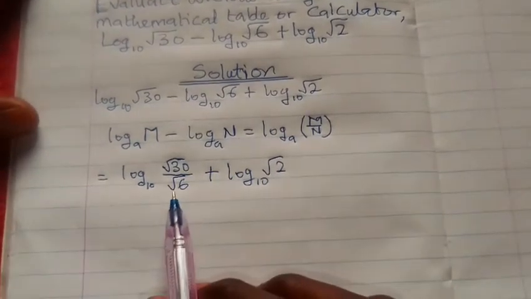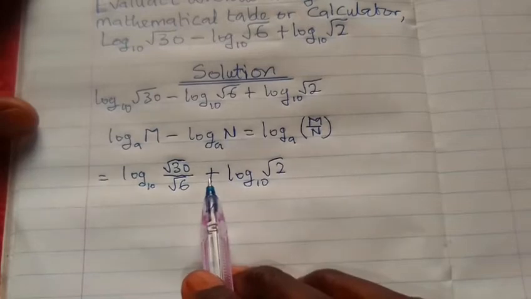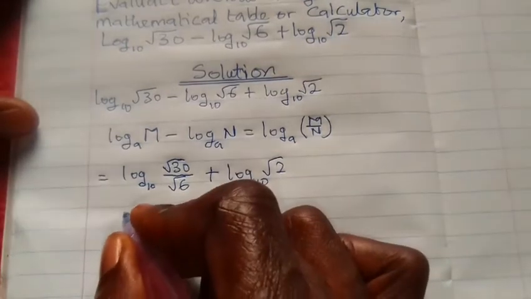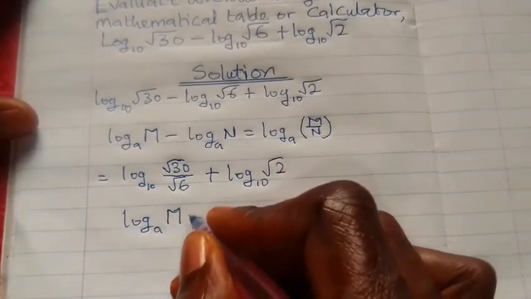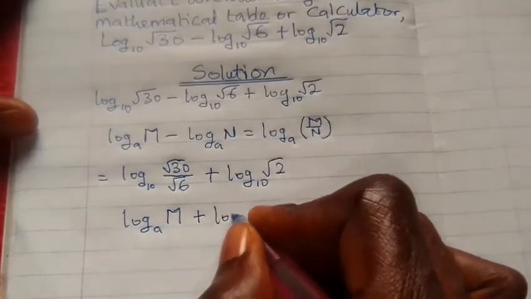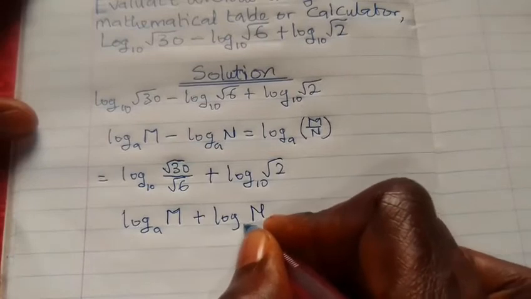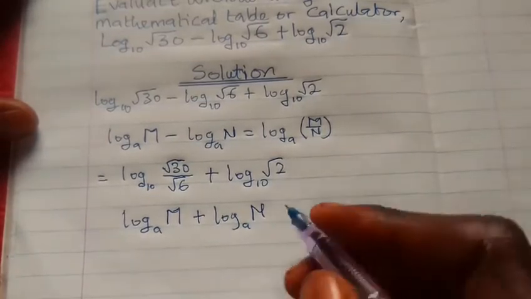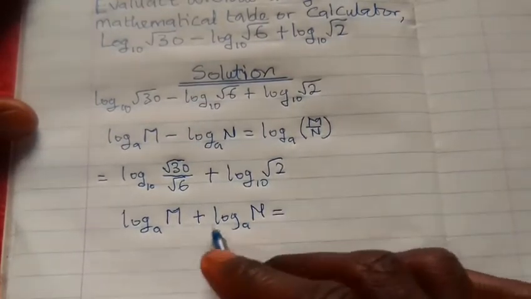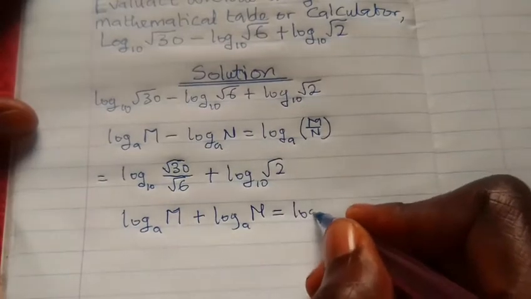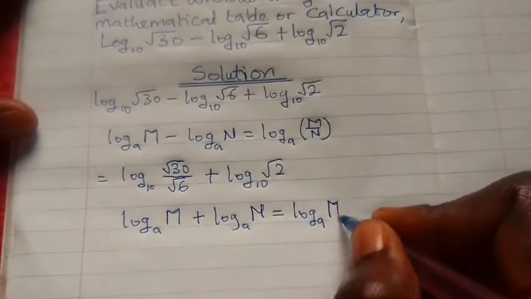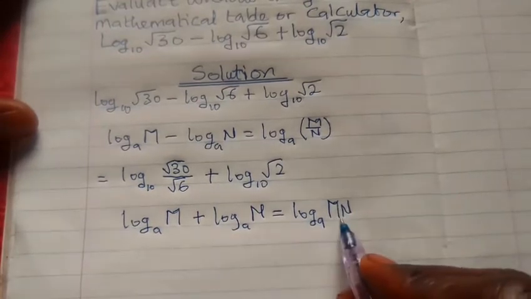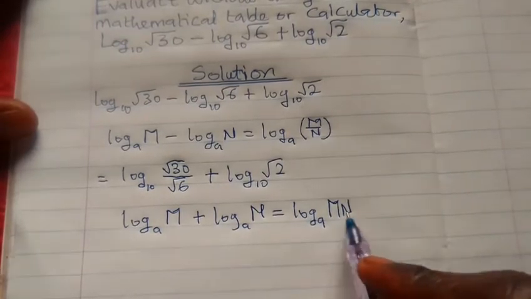Now in the second step, we are going to apply the addition law. According to the addition law, if we are adding any given number of logarithms, say log m base a plus log n base a, then the result is that we take the common logarithm to the given base a, and we multiply the two numbers together, m and n. All right, so what does this mean?